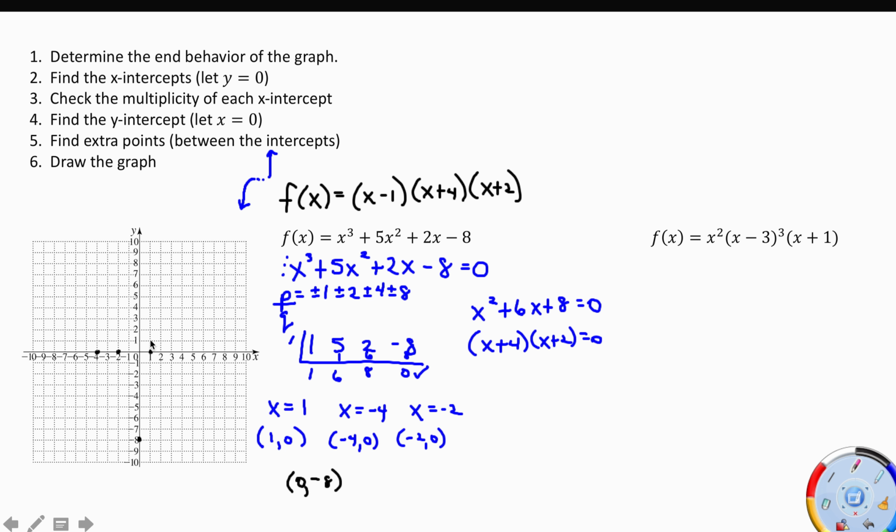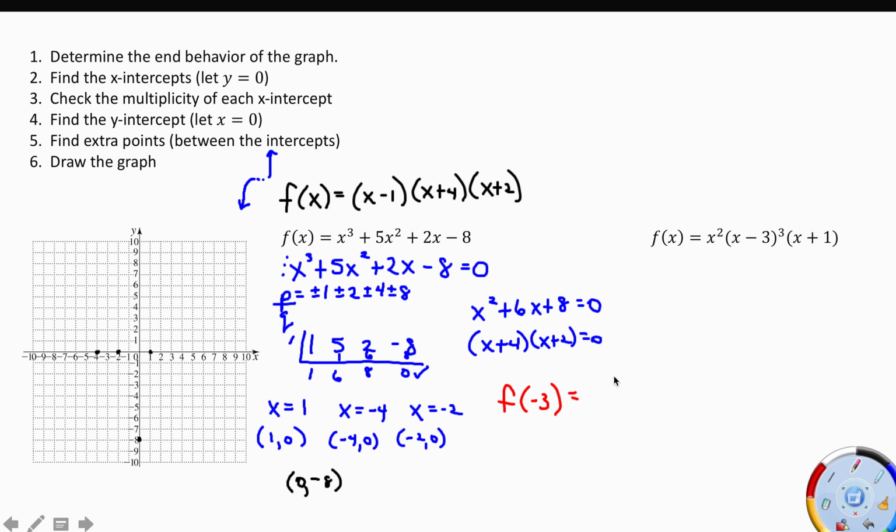So an extra point I need, I already have an extra point in between these two intercepts, but now I need an extra point in between these two to see how high it goes at this point. So I'm simply going to plug in and let x be -3. Right? So f of -3, and it's easiest to plug in right here where it's factored.